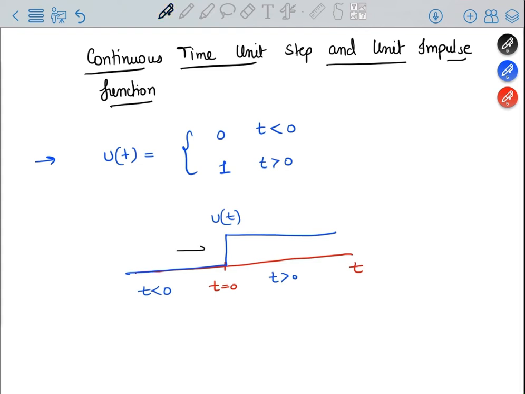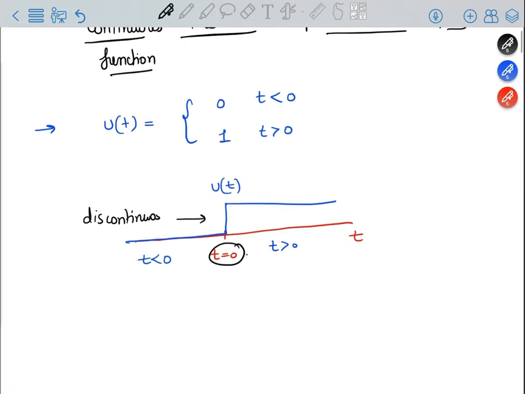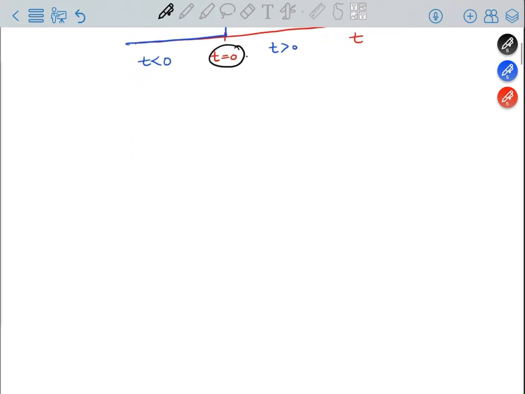An important point to note here is that this function is discontinuous at t equal to 0. This point we will discuss further. Next, we have seen that the unit impulse function and unit step function have a relationship between them. We can find one of the signals from the other.